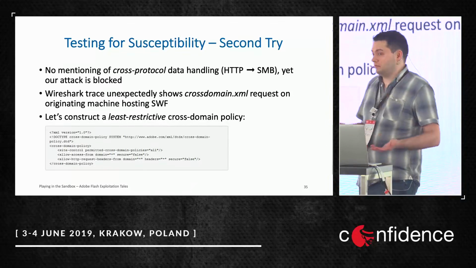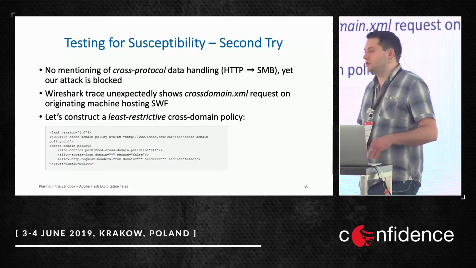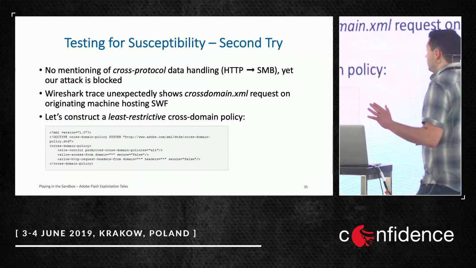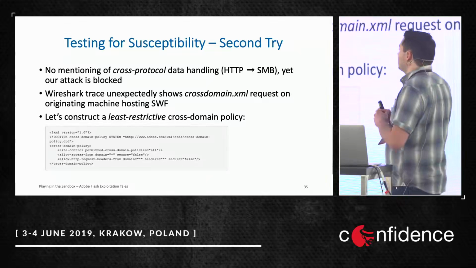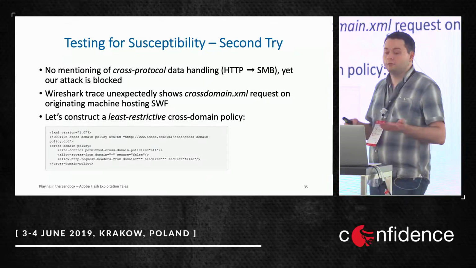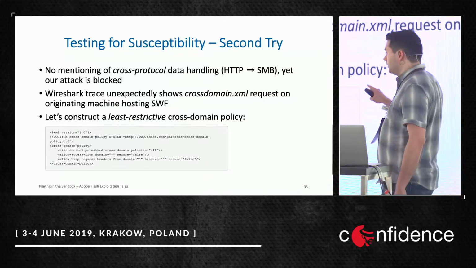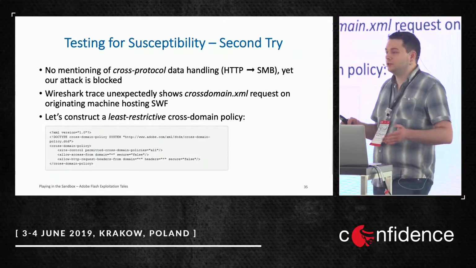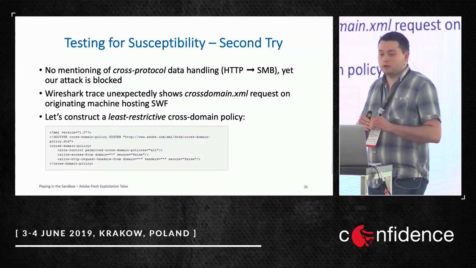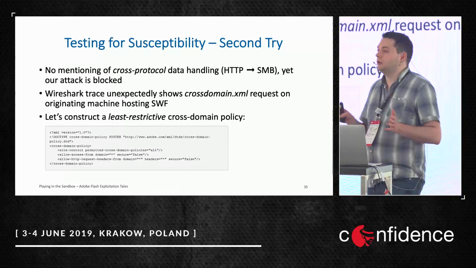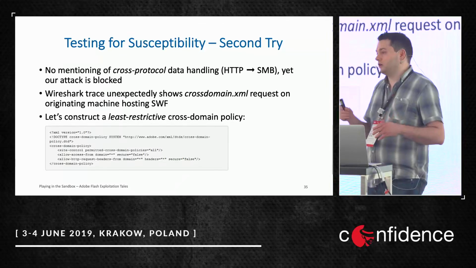So that is already contradicting the specification, but I figured, okay, let's just construct a least restrictive cross-domain policy. This is just a few lines of XML code telling the Flash application it's okay, you can access any resource on this domain.